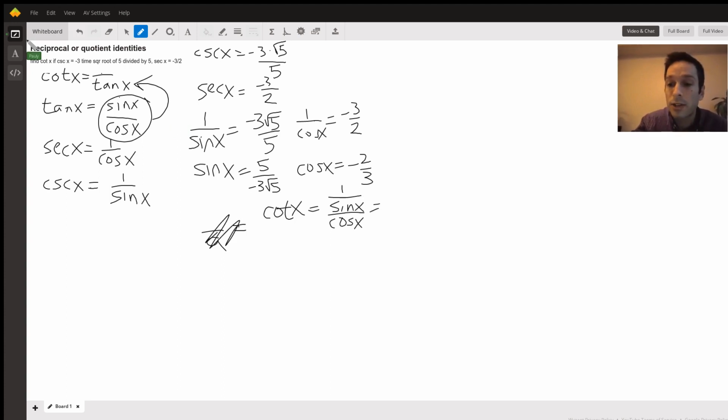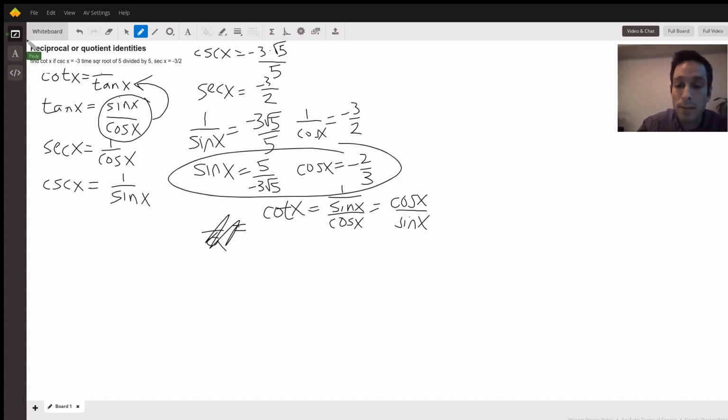Then we can just flip them, so it's going to be cosine of x over sine of x. Now we're going to take our fractions and plug them in. You'll have to know how to divide by fractions. Just remember, keep, change, flip.